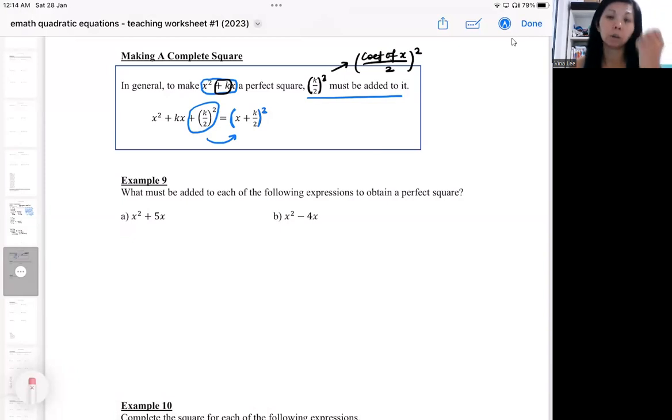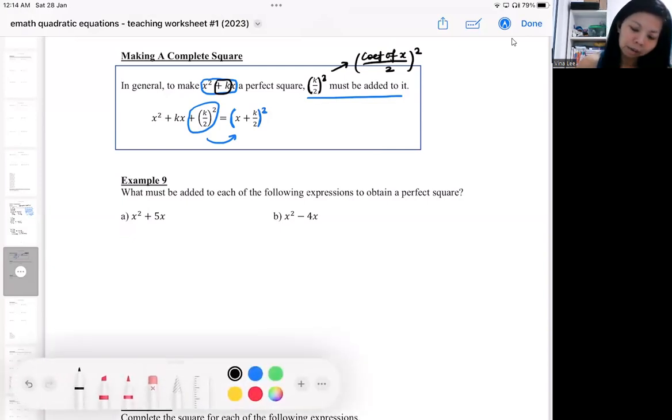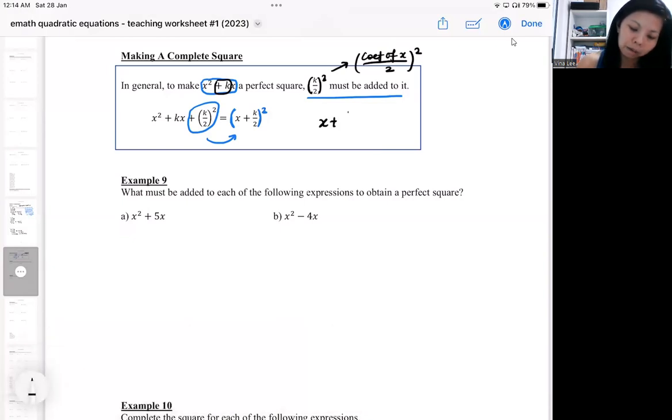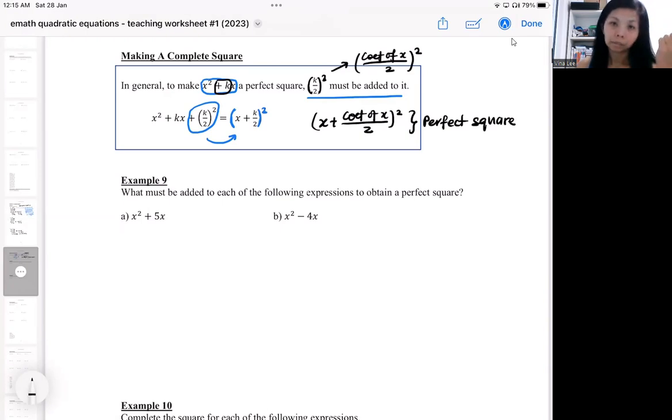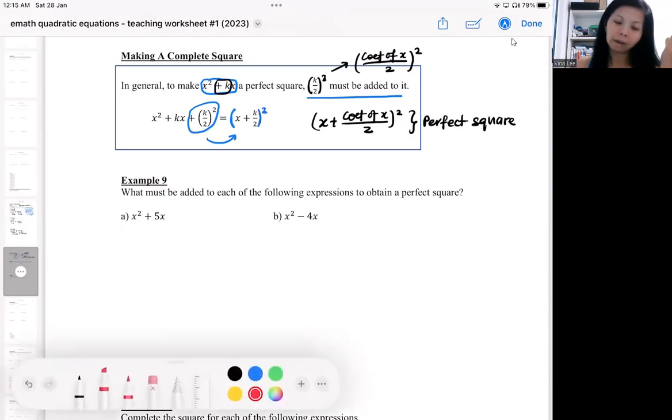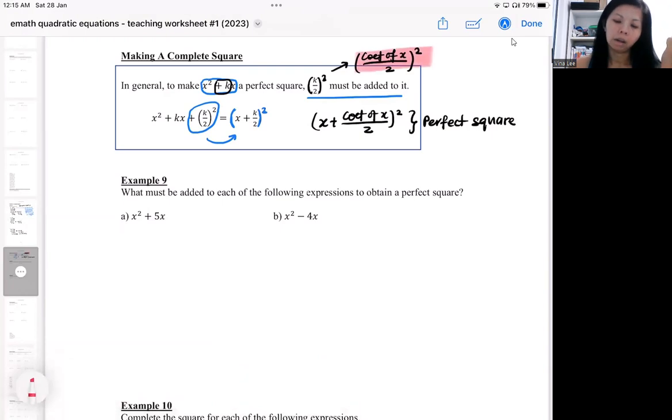We are adding the coefficient of x divided by 2, squared. And then the perfect square that we get will be x plus the coefficient of x over 2, squared. So this is the perfect square. We are adding this to get a perfect square like this.